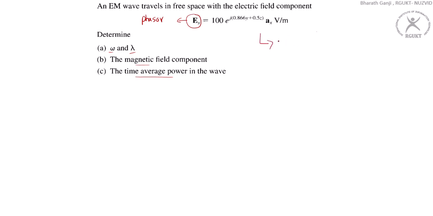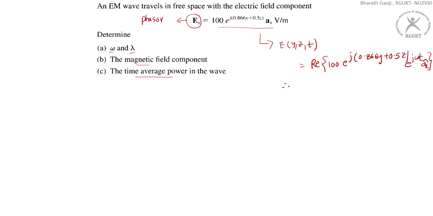But just for the purpose of revisiting the concepts, if you want to convert this expression into time domain, I can see that it is a function of y comma z. If I want the time variation also, you just multiply by e power j omega t and take the real part of 100 e power j(0.866 y plus 0.5 z), with the vector in a_x.